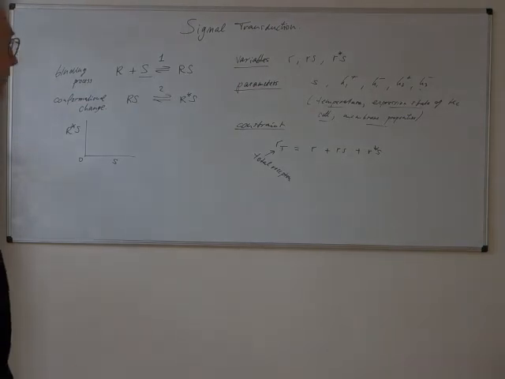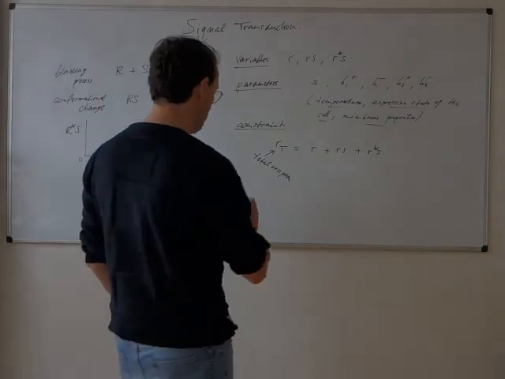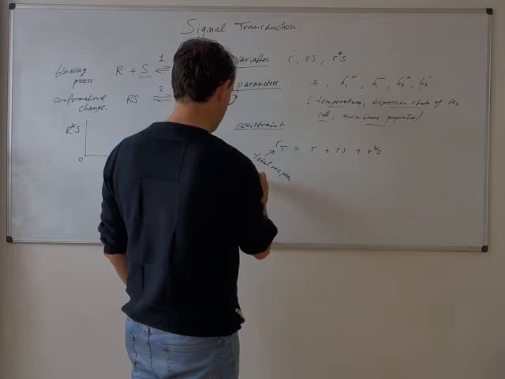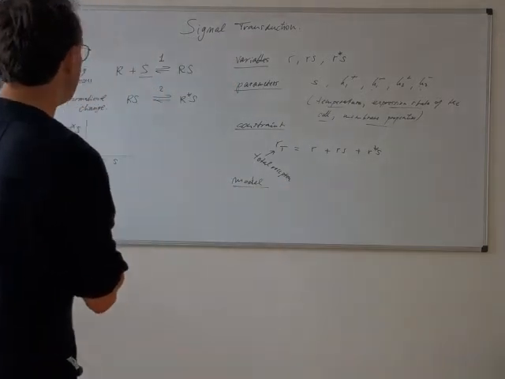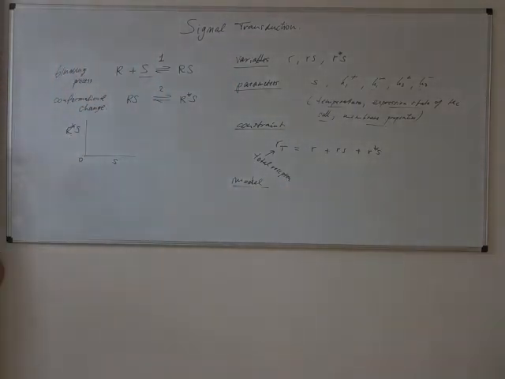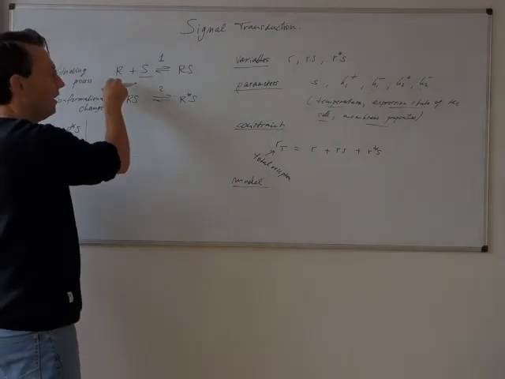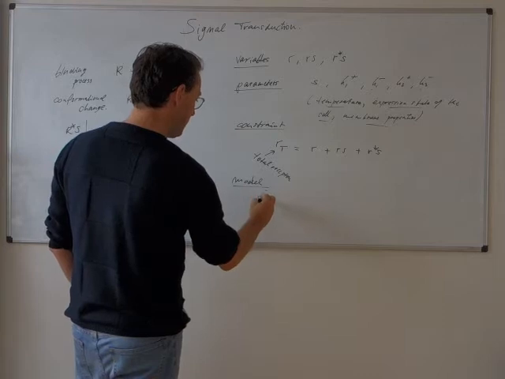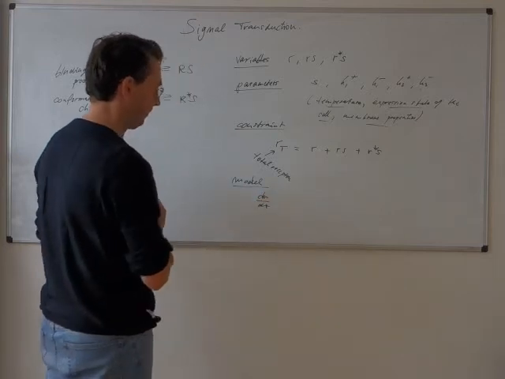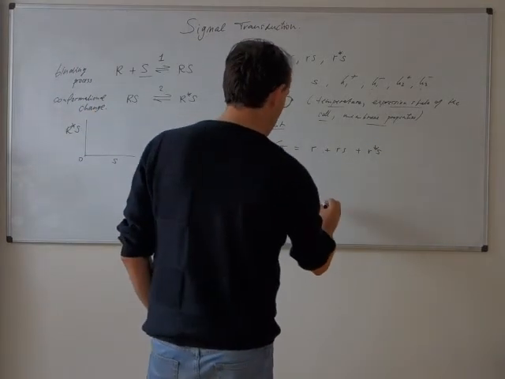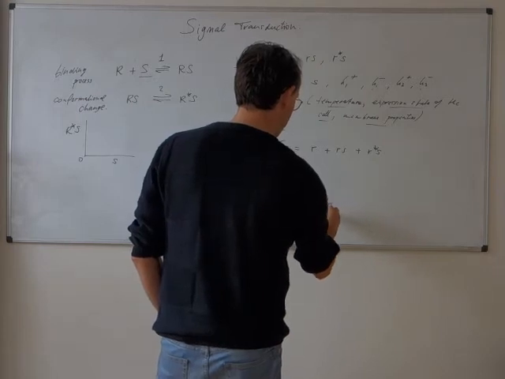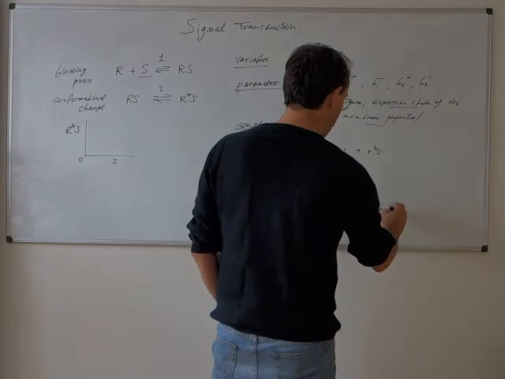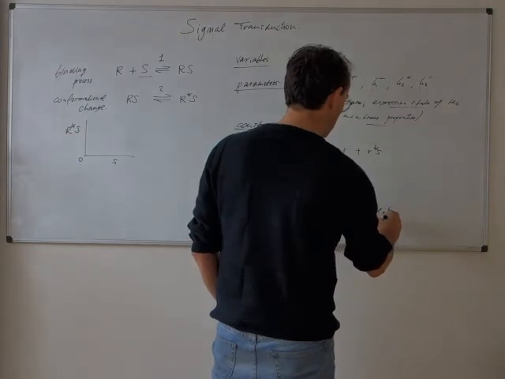And now we can think of the model. Let's see how many variables do we have. Well, we have 3 of them. We have dr dt, we have drs dt, and we have dr star s dt.